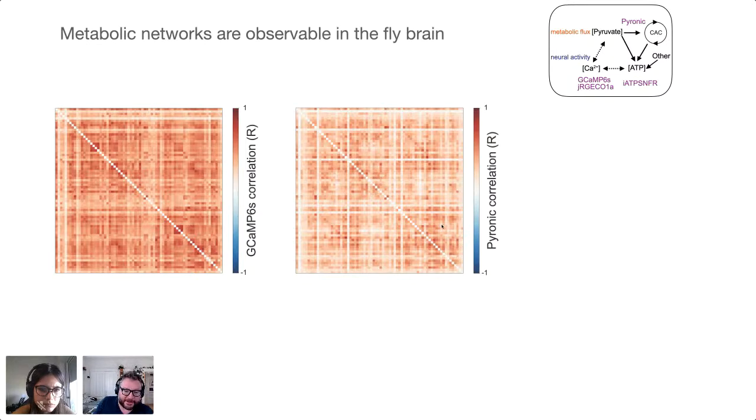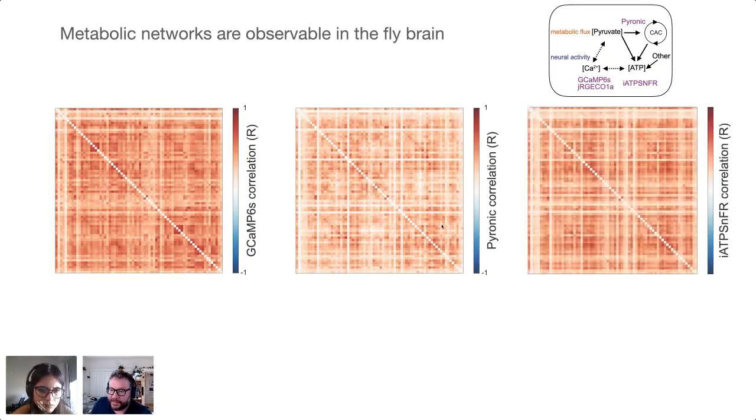I don't want to dwell on it too long. The same is true when we look at the iATPSnFR sensor. This is initially interesting because a priori, there's not necessarily any reason to suspect that there are metabolic networks, right? You wouldn't necessarily assume that.